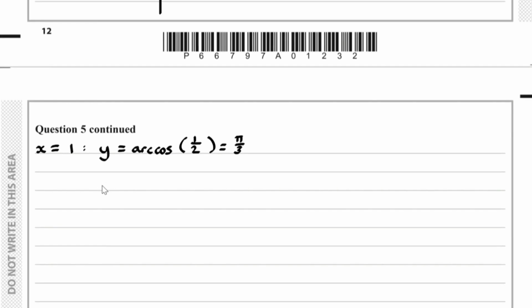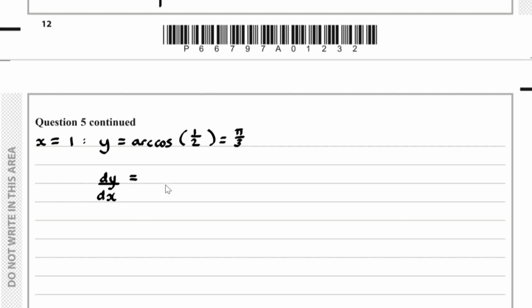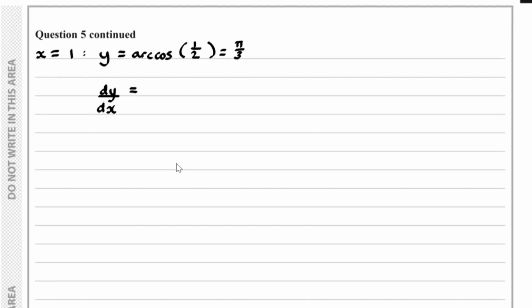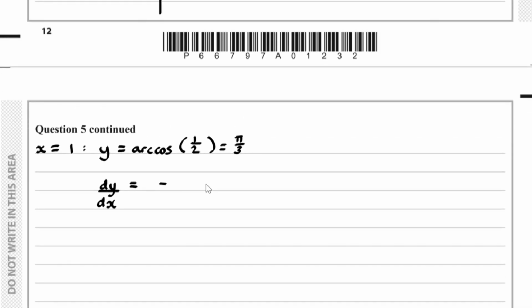We can also find out what dy over dx is. Now we've already worked out what dy over dx is. We work that out over here, so we replace the x with 1. So we have minus 1 over the square root of 1 minus 1 squared over 4, times 1/2. It turns out we get minus 1 over root 3.